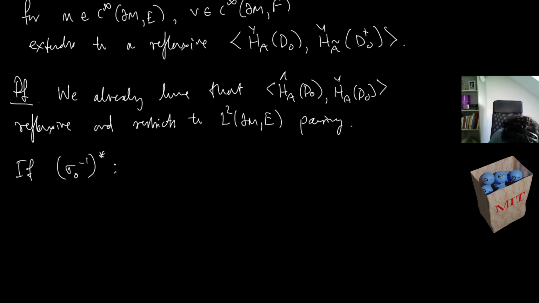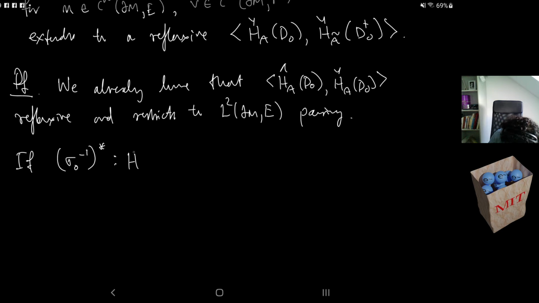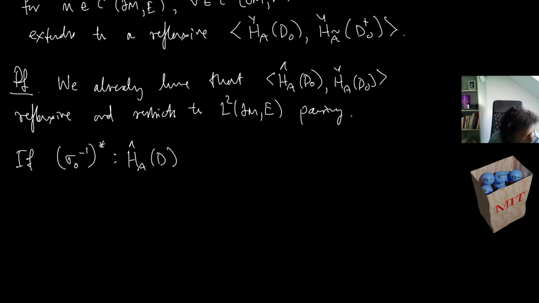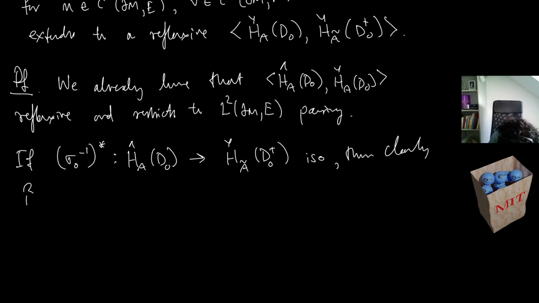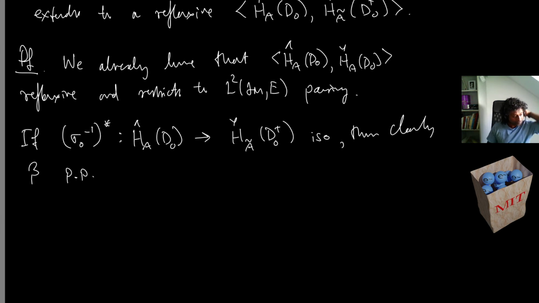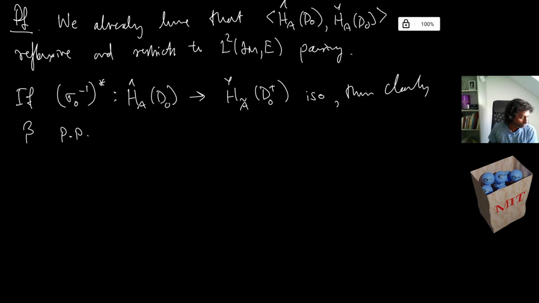So if we prove this to be an isomorphism, so D naught to A tilde D naught perp is an iso, then clearly this is a perfect pairing. Okay, so we prove that it's an iso. So how do we do that?